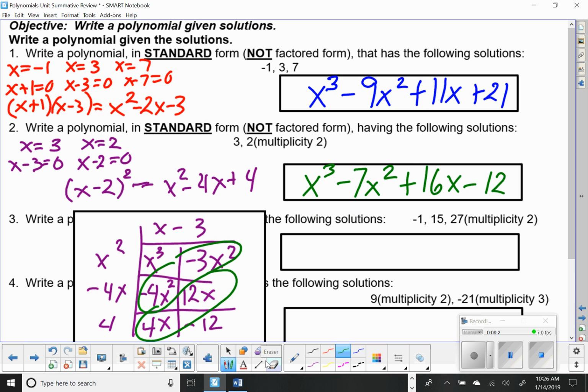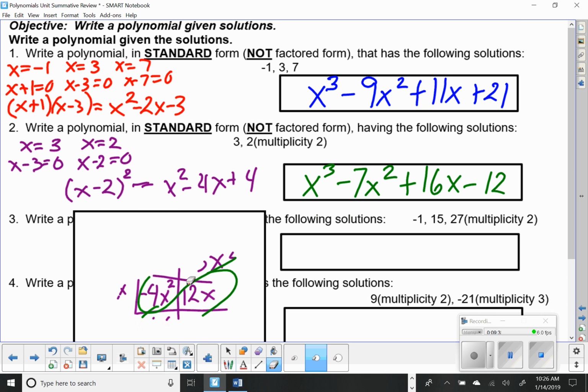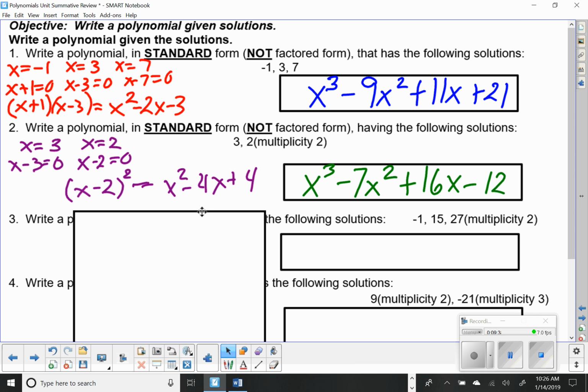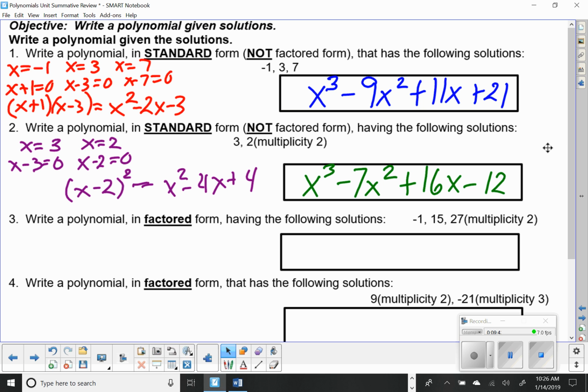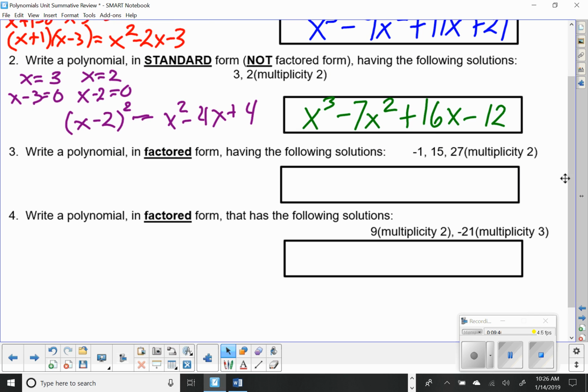Now we want factored form for these last two. If you need to, you can go back and take a look at those guys. I'm going to get rid of my little board there. Come down here. Write a polynomial in factored form. This is easy. If it says factored form, don't make it hard on yourself. Okay? X equals negative 1, x equals 15, x equals 27 twice.